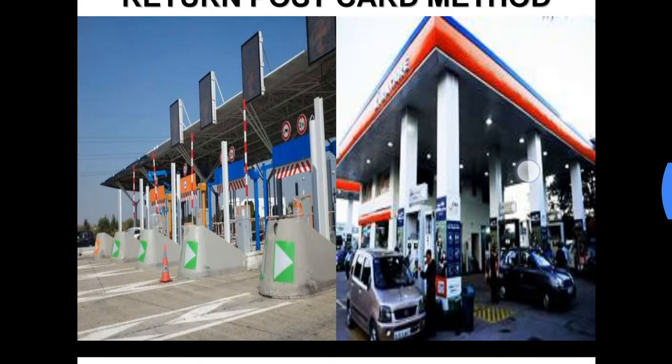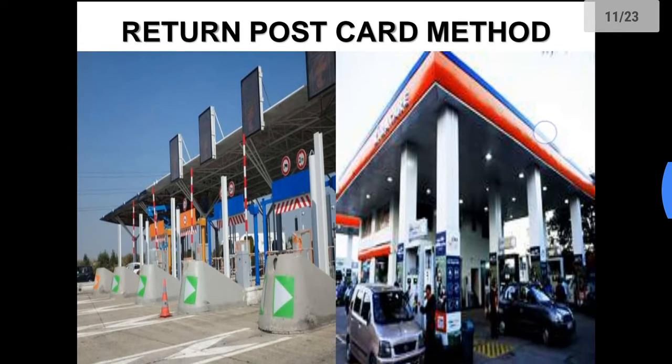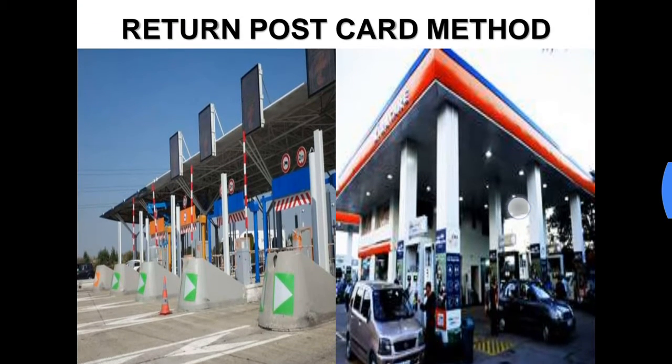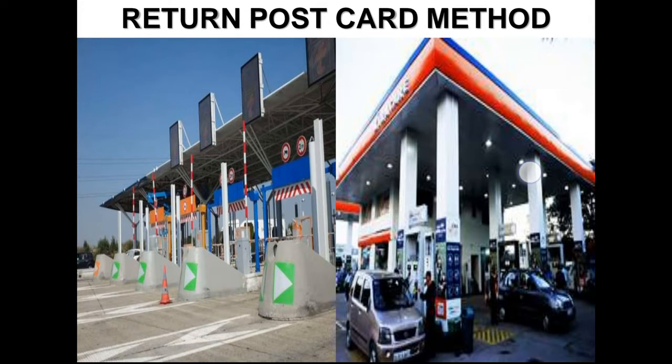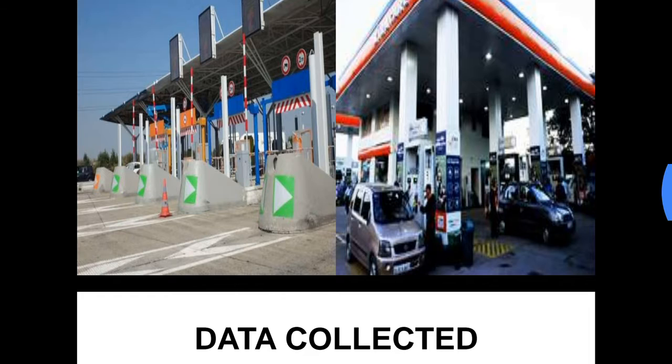Now this data is not as accurate as the roadside interview, and the chances of return posts are less. So the efficiency of this method is less as compared to the other methods.